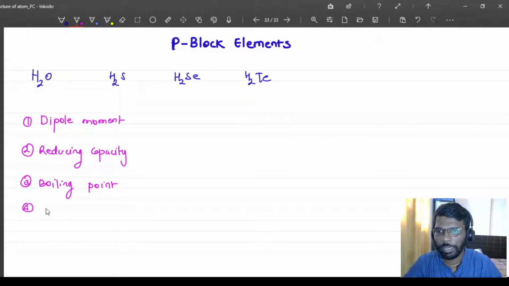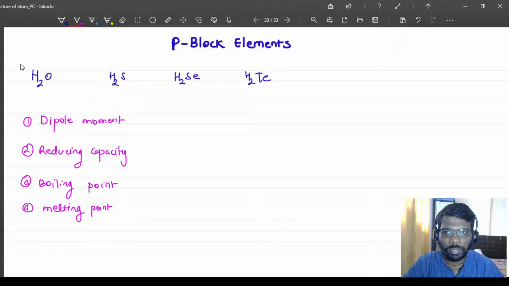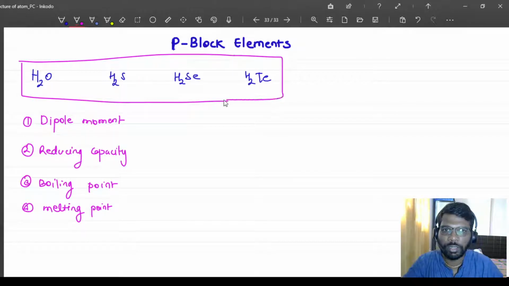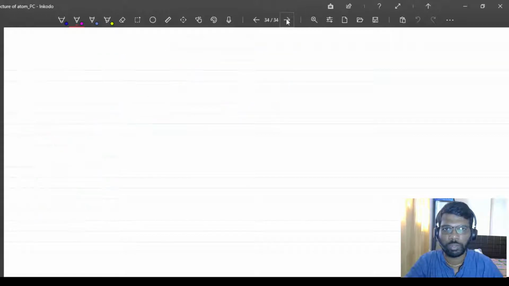Fourth is melting point. These are the four important properties which I am going to discuss with respect to these compounds, meaning how they vary in the group. So let's go ahead.